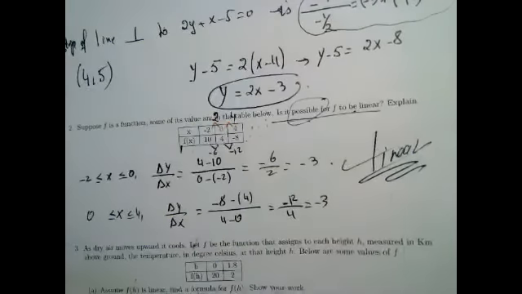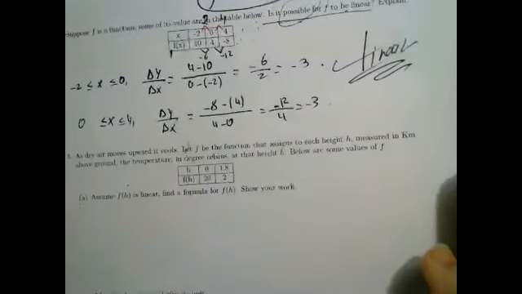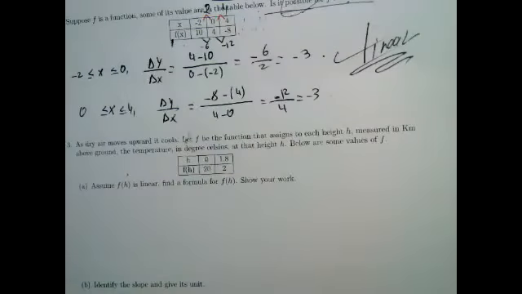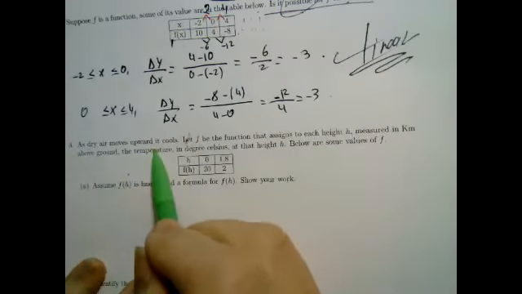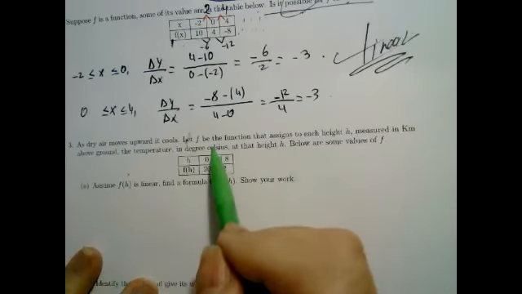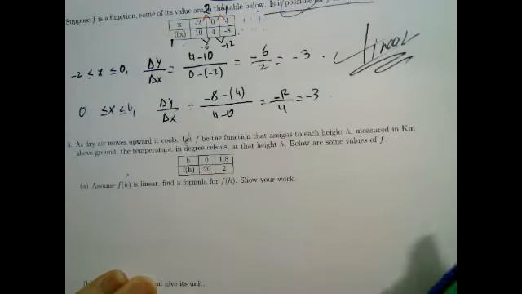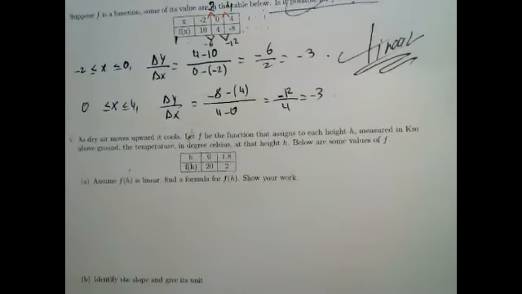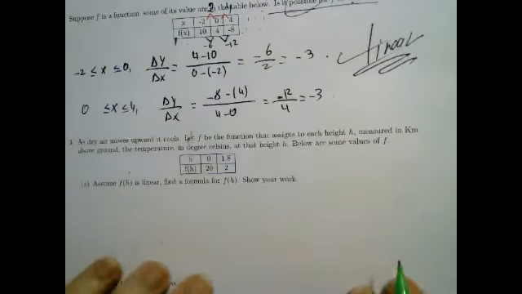All right, the last question, and then we go back to everything else. So the last question is this. As dry air moves upward, it cools, so we know that it gets colder as we go up.